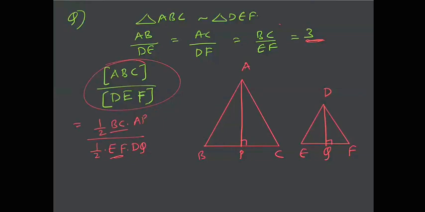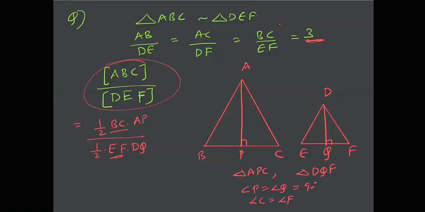Okay. So if you observe the triangle APC and triangle DQF, you can see that angle P is equal to angle Q, which is 90, right? And angle C is equal to angle F because these two triangles are similar.